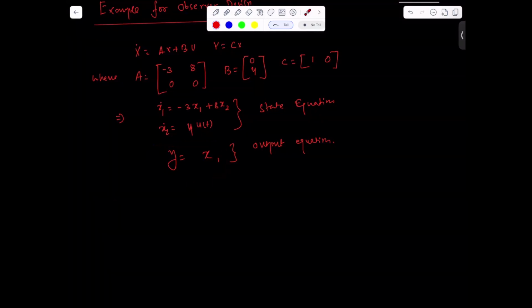Only y is equal to x1, a function of x1 only. So, since x2 is not available in the measurement, we need to design a state observer.